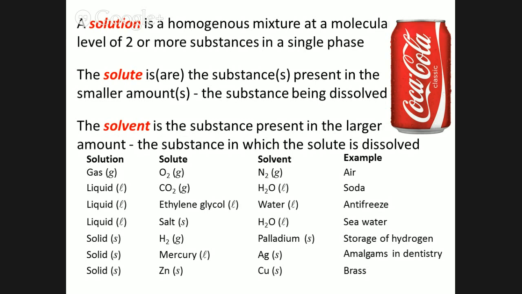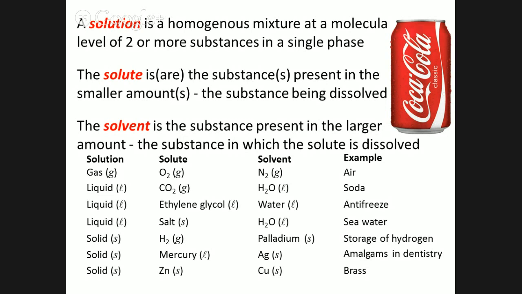We can usually tell the difference between these based on their amounts. The solute is usually the smaller amount. The solvent is usually the bigger amount. So for example, with our first example, gas, our air is about 80% nitrogen, N2.